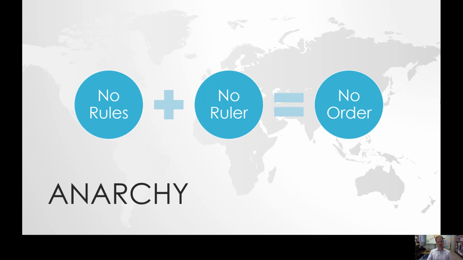And this important thing is anarchy. And because there are no rules, because there is no ruler, we have no order. And anarchy means no order. And of course, we should say, really, in international relations, we have some rules. So we don't have complete anarchy, but we have some kind of anarchy.